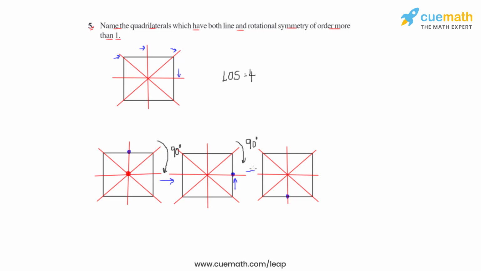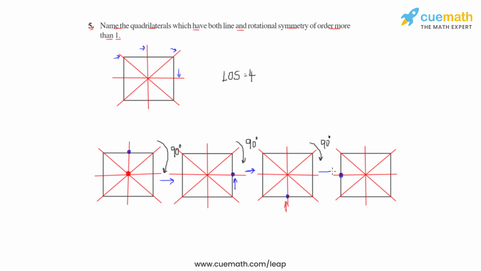So a 180-degree rotation of the original figure will result in this position of the blue dot, and all these figures are exactly the same as the initial figure. It's just that the figure is rotating about its center of rotation. Let us now see what happens if this figure is again rotated by 90 degrees in the clockwise direction.